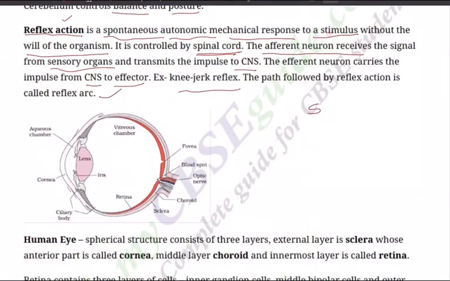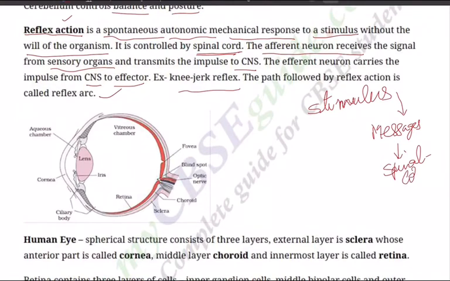So this is how it takes place. First, there will be a stimulus. Let me write, whether external or internal stimulus. Like I said, a hot pan, touching a hot thing. The stimulus will carry the messages through the nerves, and the messages reach the spinal cord, and the spinal cord takes an immediate decision and gives the orders. Again, these are in the form of electrochemical signals.